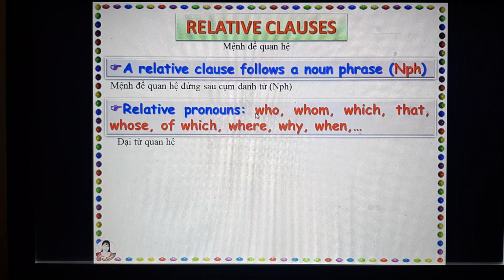Relative pronouns: who, whom, which, that, whose, of which, where, why, when.